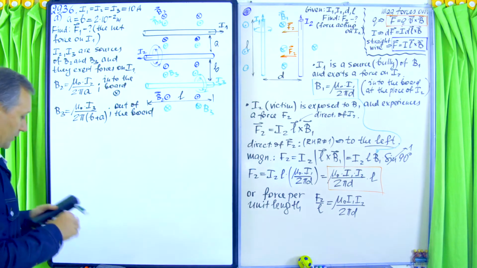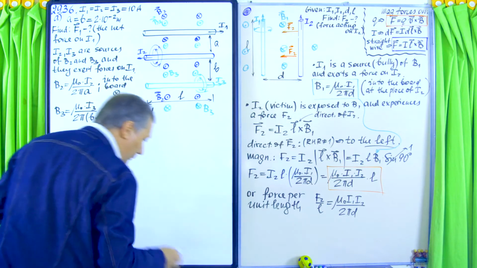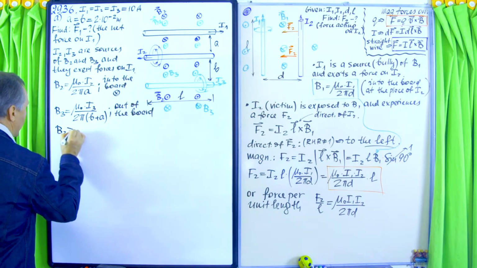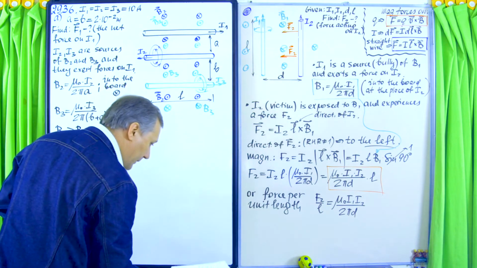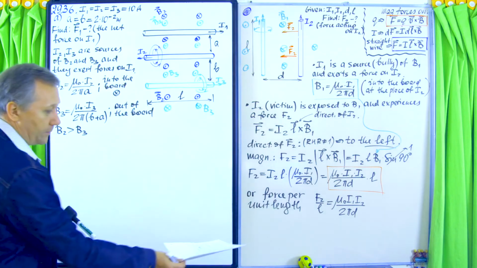So let me use that fact, right? Which way I wrote it? I just wrote underneath. So B2, of course, is larger than B3. And which way? I justified, of course, at the place of the first wire.